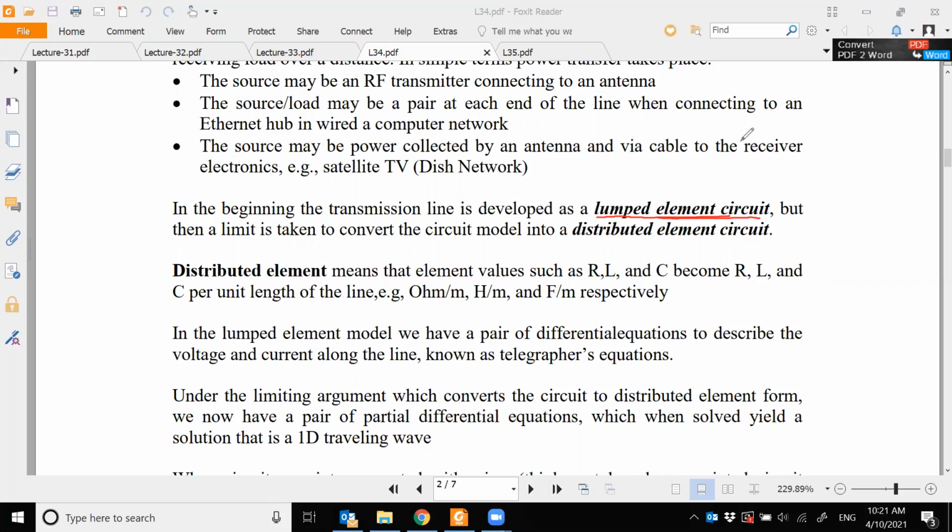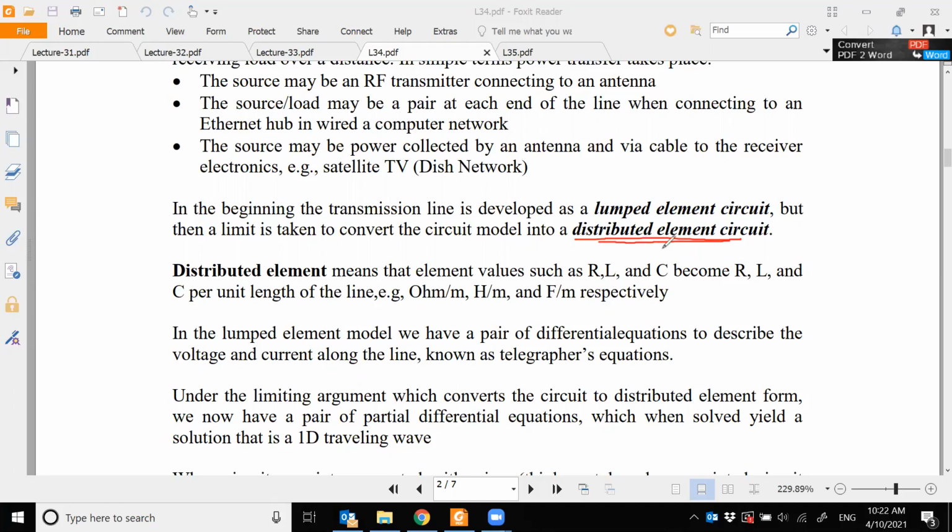But now in our transmission lines, we will go for a distributed element circuit. That means my resistance, inductance, and capacitance are not at a certain place, but are distributed along the complete length of your transmission line.